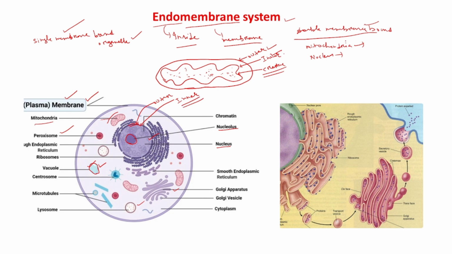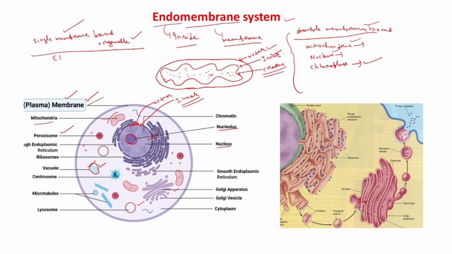So the mitochondria, nucleus, and another one, the chloroplast, are also double membrane bound organelles, because they have two membranes. That means the boundary has two layers. That's why they are called double membrane bound organelles. All other organelles are called single membrane bound organelles.